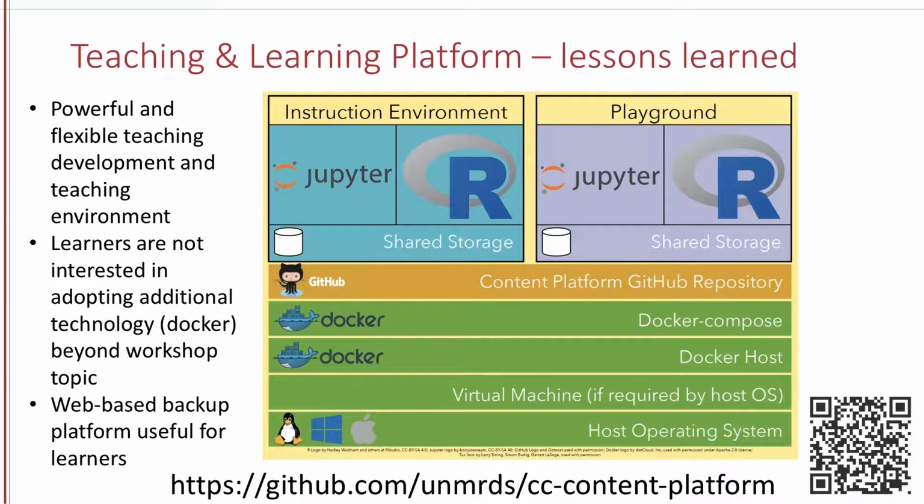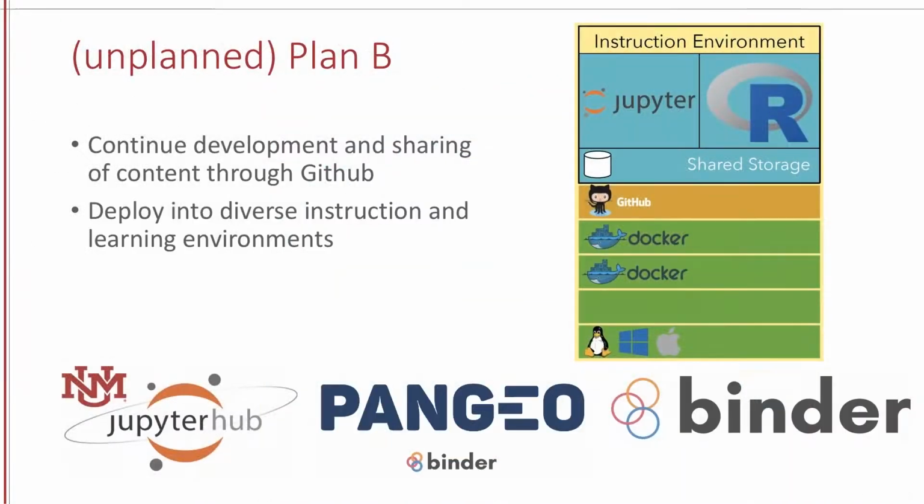So this is where we've adopted what I've been characterizing as our unplanned plan B, because we have unintentionally benefited from our early decision to maintain our content in GitHub as just a standard practice, as separate repositories for each of our workshops, adopting Jupyter Notebooks as a common platform for both the narrative and presentation materials, but also, when appropriate, the executable code and examples associated with the workshops.